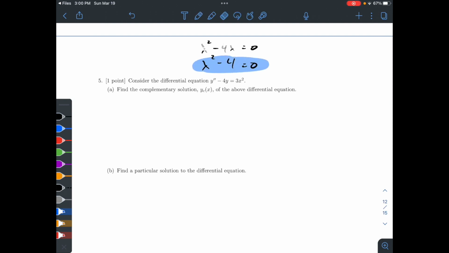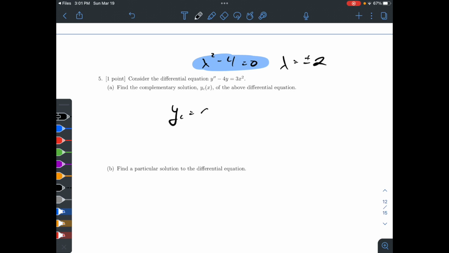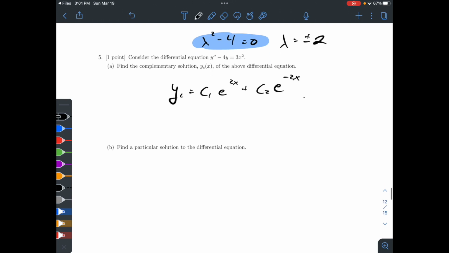This one. It should be lambda squared minus 4 is equal to 0, right? If this was minus 4y prime, then it would be minus 4 lambda, but it's just minus 4 for y, so it would be lambda squared minus 4. So this would tell you that lambda is equal to plus or minus 2, and so your complementary solution would be c1 e to the 2x plus c2 e to the negative 2x in that case.